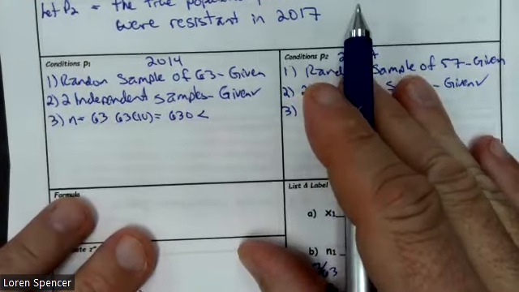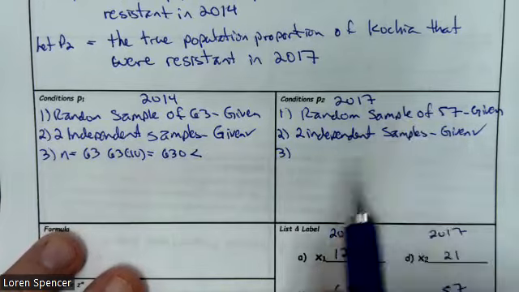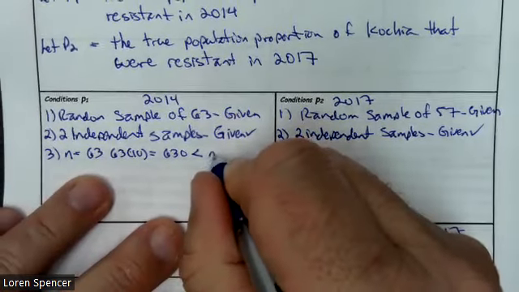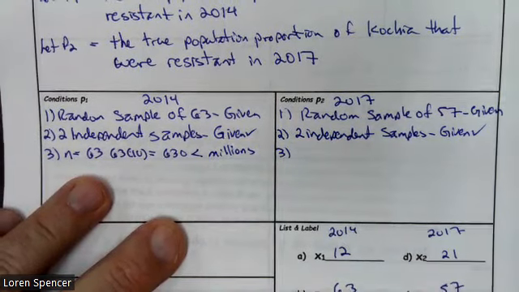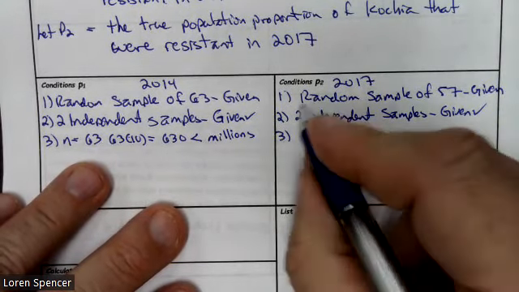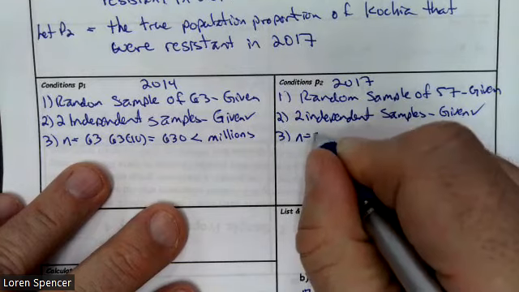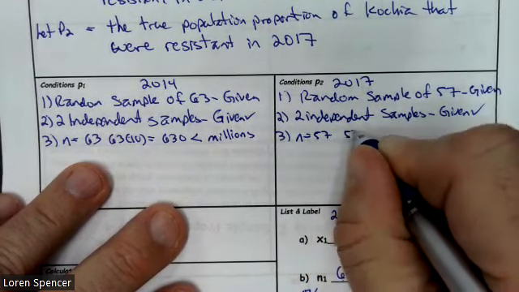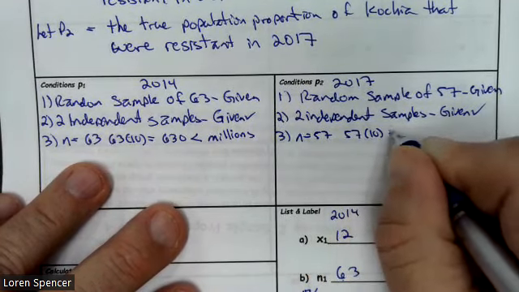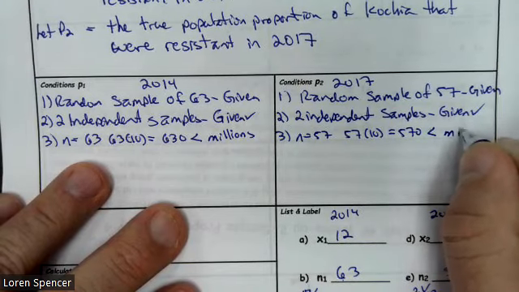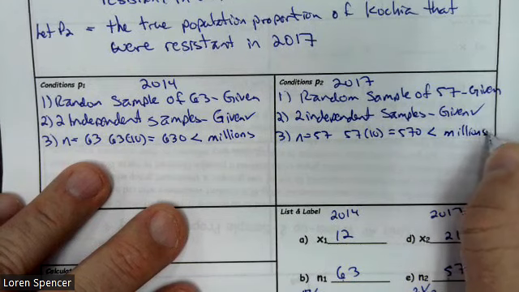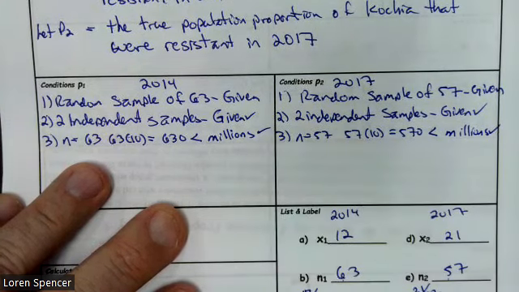Well, 630 is definitely less than millions. Number 3 for the other one, n equals 57. 57 times 10 is 570, and that's less than millions. So this also meets. So we're good to go so far.